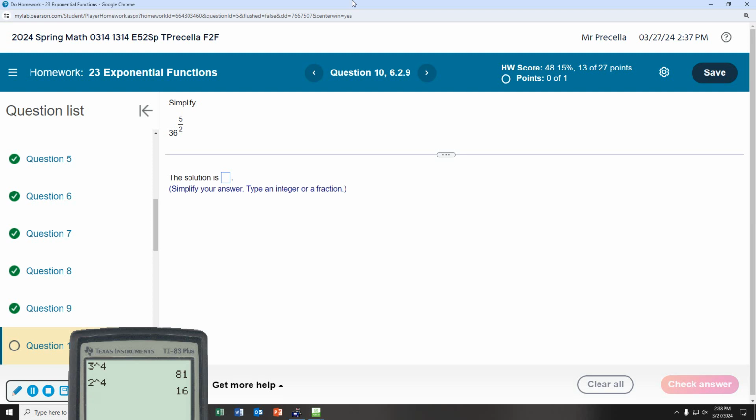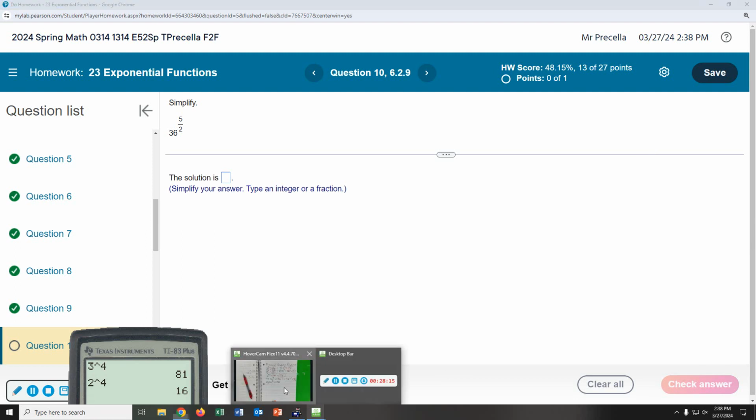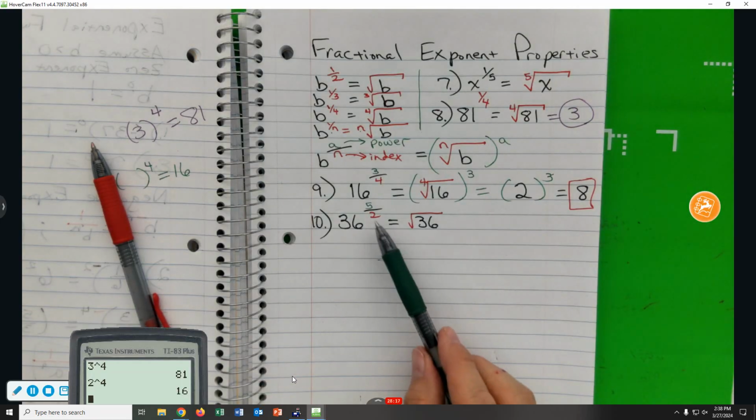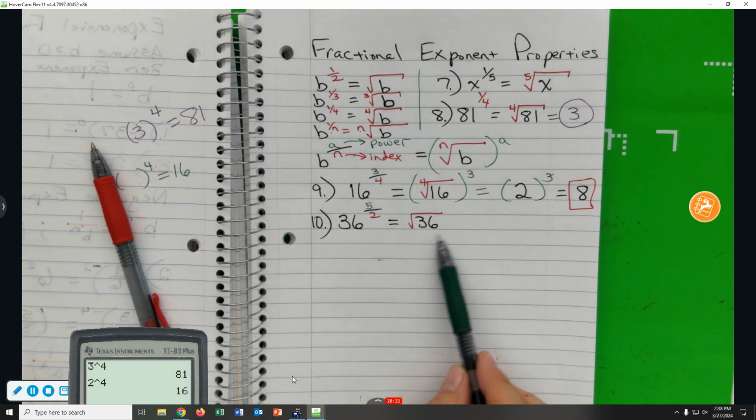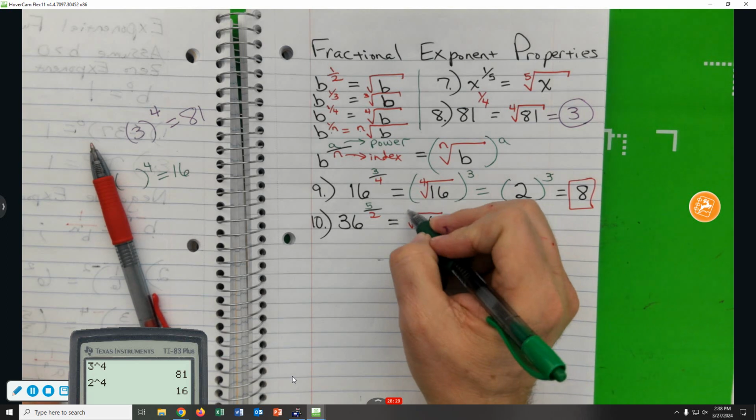And what power are we going to have to raise all that to? That 2 says that it's a square root. We're going to have to raise all this stuff to what power? The fifth power. I agree.